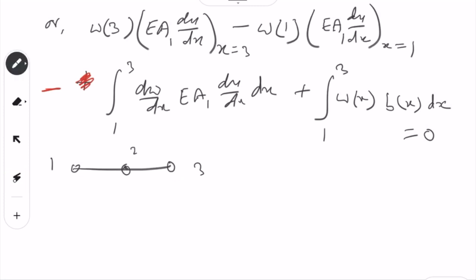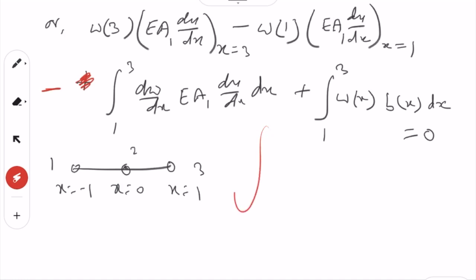So we can take this as x equal to 0, this x equal to minus 1, x equal to 1. We can do it like this. Why? We can shift our coordinate system. It is not going to make any difference, because everything is integration. As long as we integrate it correctly, it will be fine.